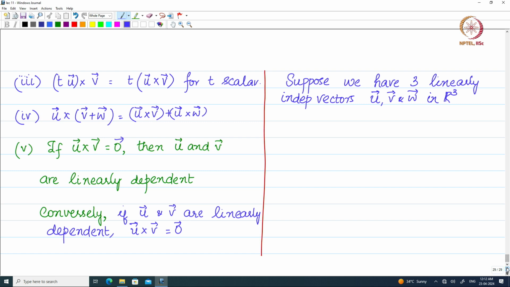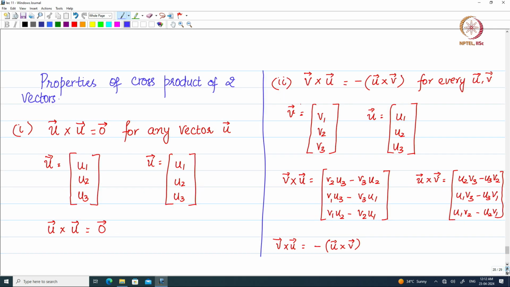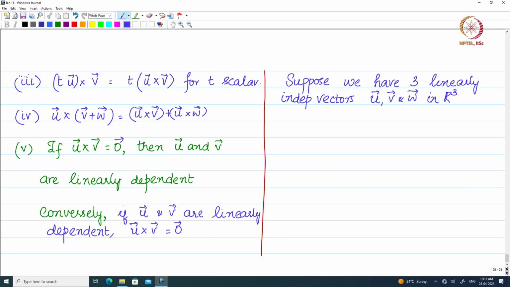That means you are going to look at 3 component vectors u, v and w.